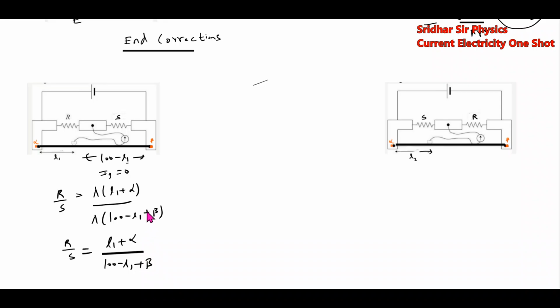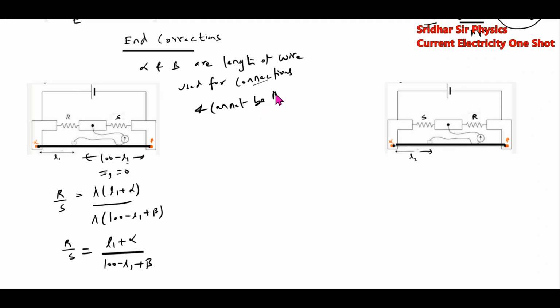Alpha and beta are the lengths of wire used for connection, which cannot be measured, only can be determined, and that's what we are doing.